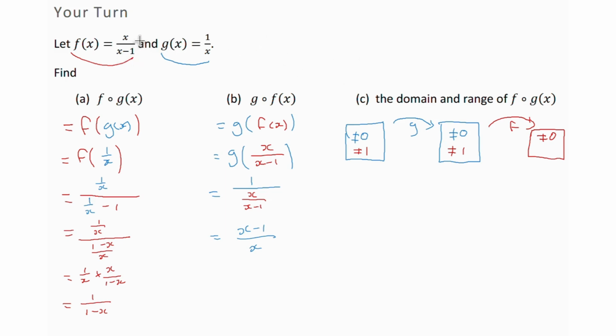So we can't get 0 out of this, we can get anything else. So our domain is all values of x as long as x is not equal to 0 and x is not equal to 1. And our range is all values of y so long as y is not equal to 0.